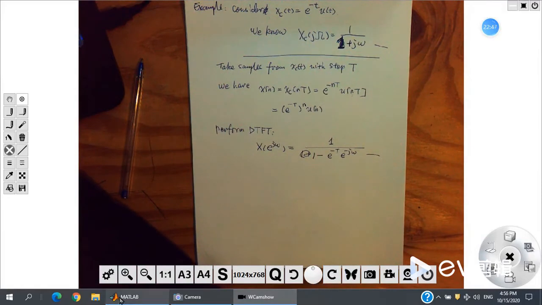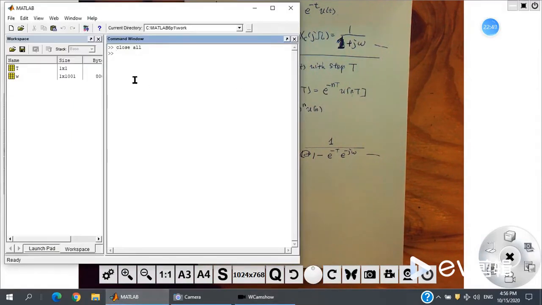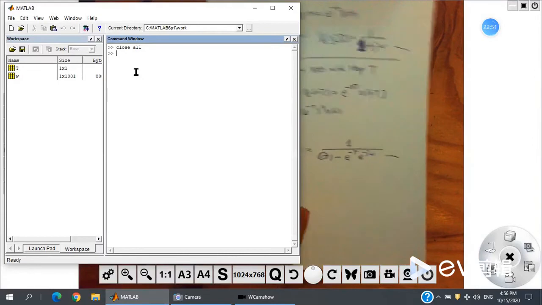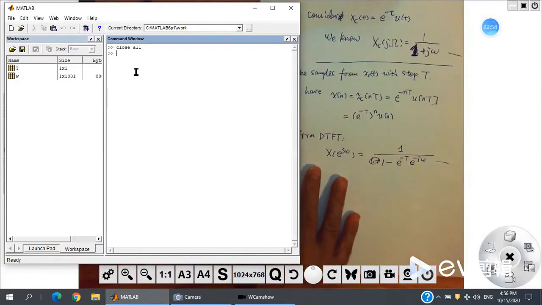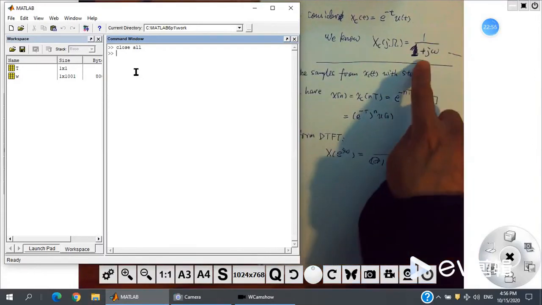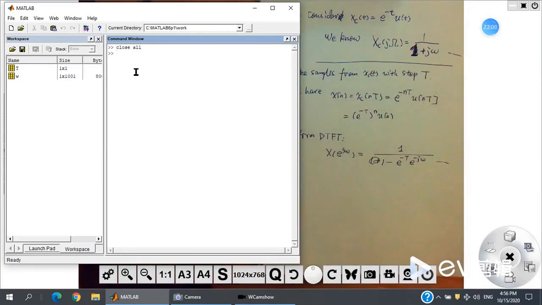I open it here, MATLAB. Omega equal to, we choose omega like negative 10 to positive 10.